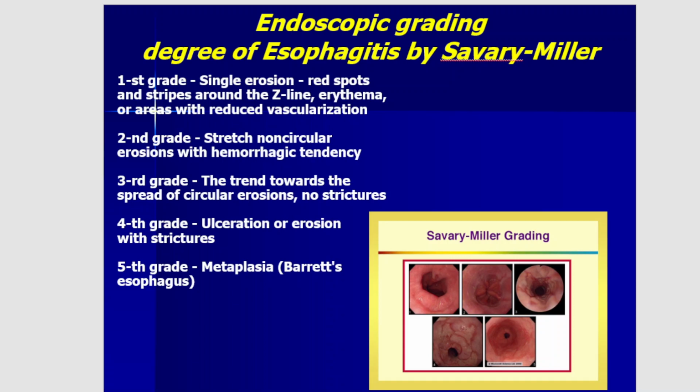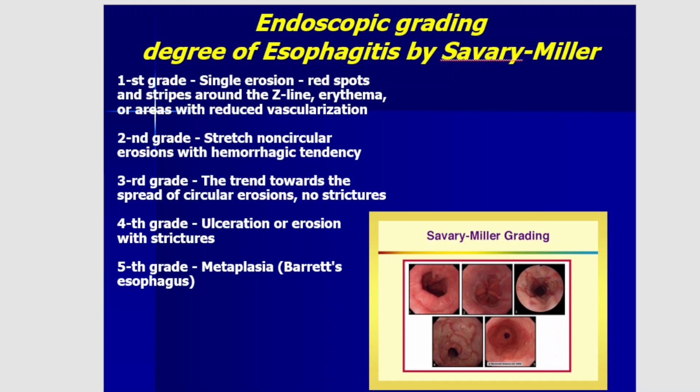Endoscopic grading of the degree of esophagitis by Savary-Miller. First stage: single erosion, red spots and stripes around the Z-line, erythema, or areas with reduced vascularization. Second degree: stretched non-circular erosions with hemorrhagic tendency.